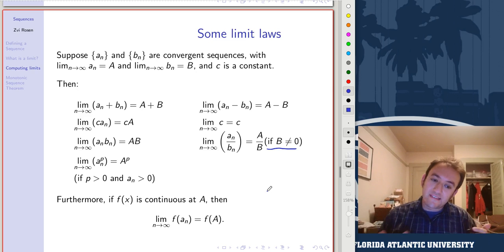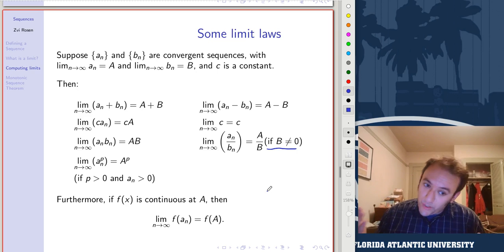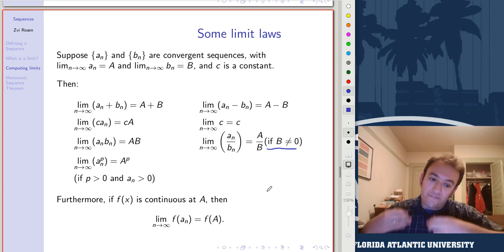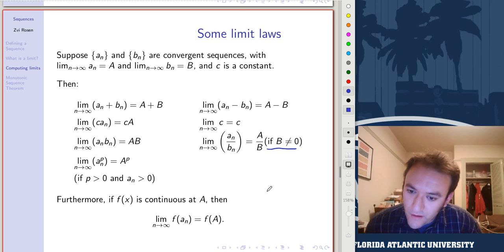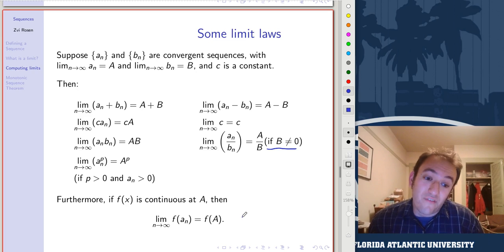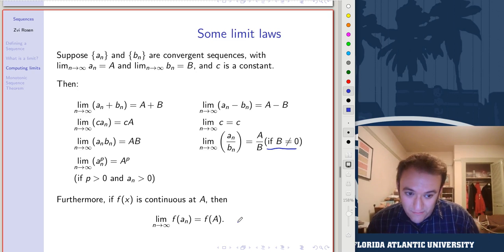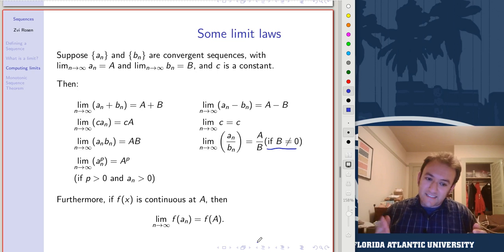So there are a lot of things that you can do to each term of the sequence, and then when you apply the limit, it's as if you just have to apply that function to the limit. Furthermore, if f of x is continuous at A, a function which is continuous at the limit of the sequence a_n, then the limit of f of a_n equals f of the limit, which is f of A. Okay, it's a lot to digest.